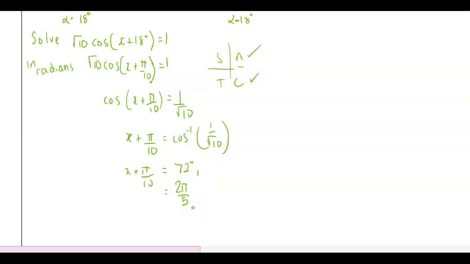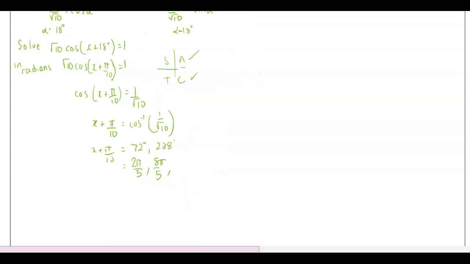Noting that we're also looking at the fourth quadrant, it's going to be 288 degrees. But we also need to get that one in radians as well. So that's going to be 8 pi on 5. Okay, so they're basically our answers that are going from 0 to 360.